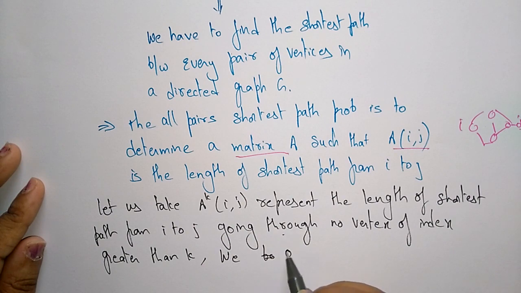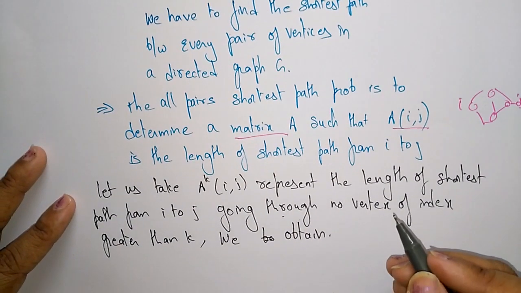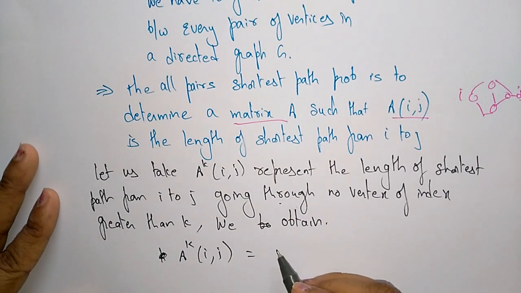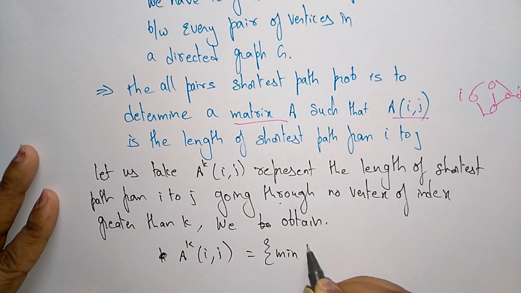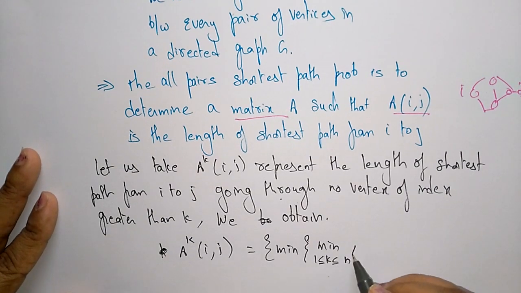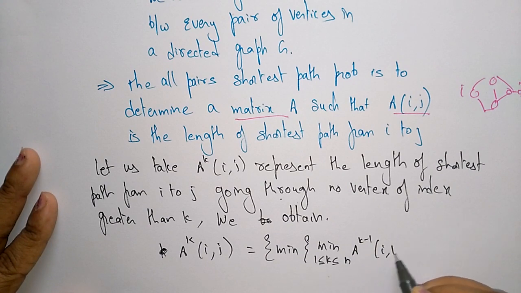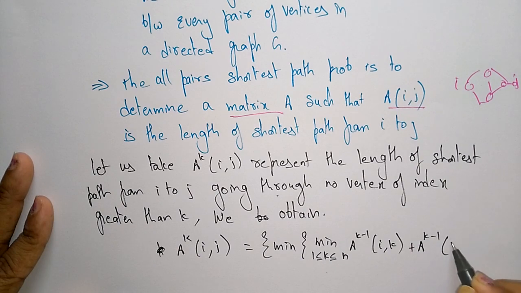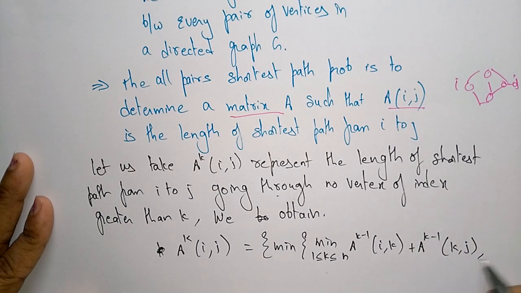Then the formula we obtained to find the length of shortest path for the matrix is A k i comma j is equal to minimum, for 1 less than or equal to k less than or equal to n, of A power k minus 1 of i comma k plus A power k minus 1 of k comma j, comma c of i comma j.